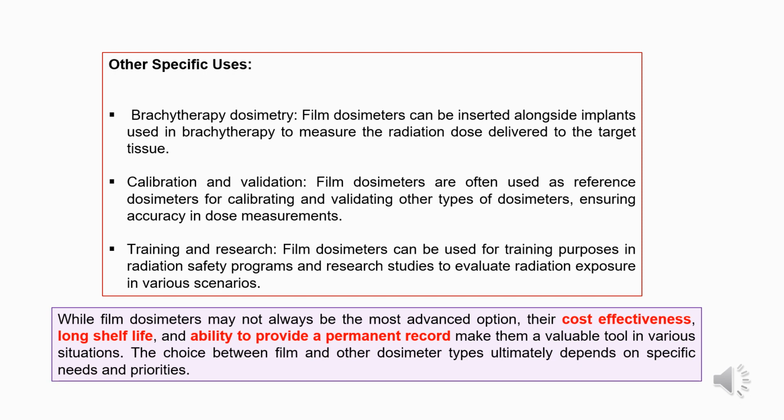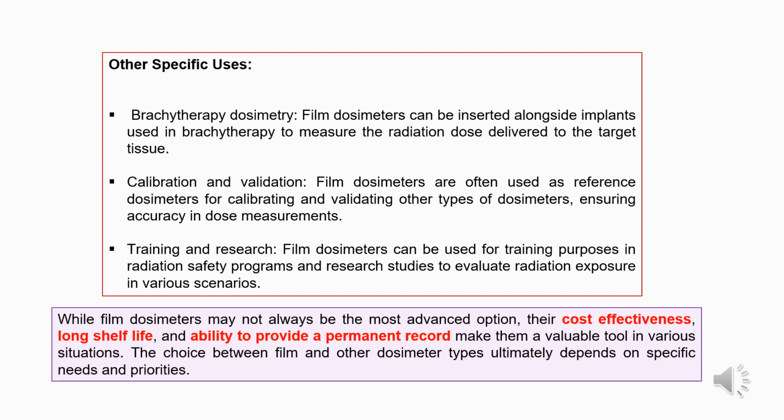Film dosimeters are often used as reference dosimeters for calibrating and validating other types of dosimeter, ensuring accuracy in dose measurement. Also, we can use it in training and research. Film dosimeters can be used for training purposes in radiation safety programs and research studies to evaluate radiation exposure in various scenarios.